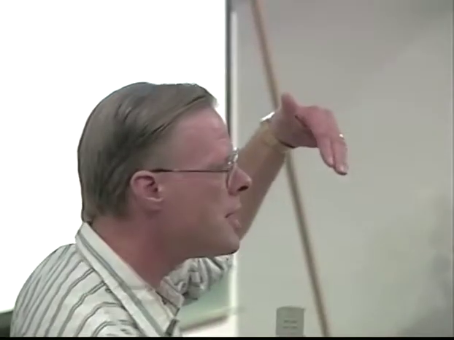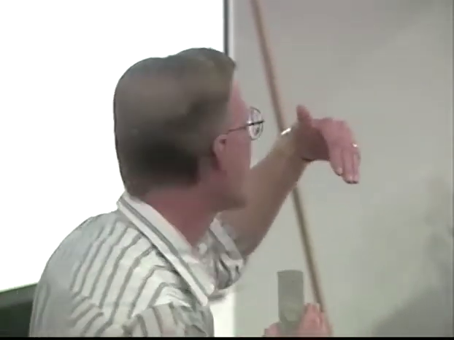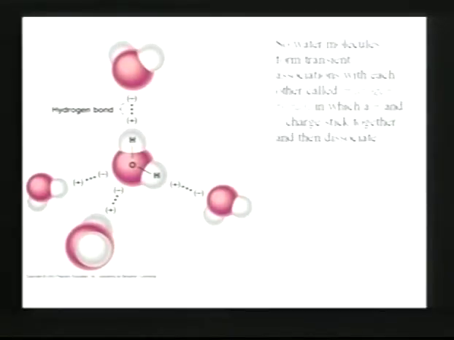What does that do? Well, what it does is it causes water molecules to attract each other. And they form a really interesting bond called a hydrogen bond. It's a weak attraction between a hydrogen and a negatively charged atom in another molecule. In this case, other water molecules. Right? These interactions are transient because the bonds are weak.